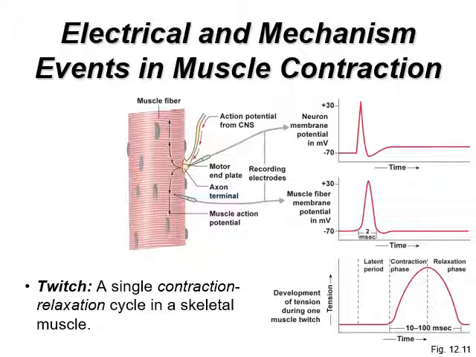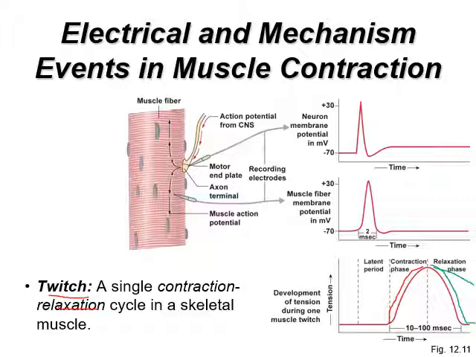So a twitch is a single contraction and relaxation cycle. You can see here we get a contraction phase, and then we get a relaxation phase. What's off about the relaxation phase here is this should be more drawn out, because this is the slower phase.